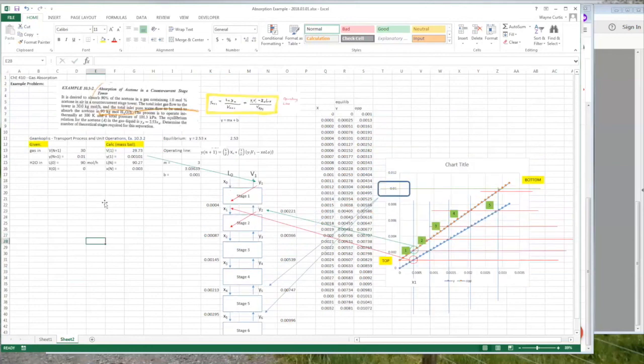So that is really what I had wanted to do. I wanted to make sure that I went through an example, not just a simplistic one of step-by-step staging, but also showing the direct relationships for the equilibrium and so forth.